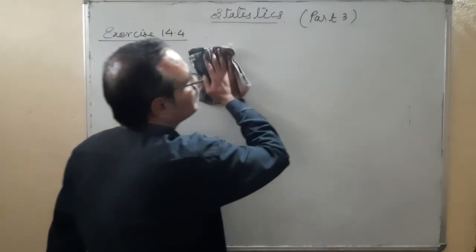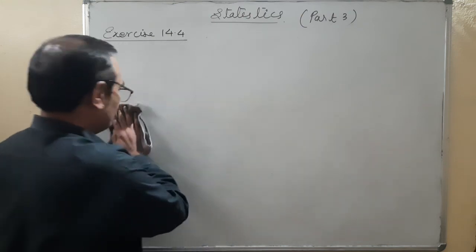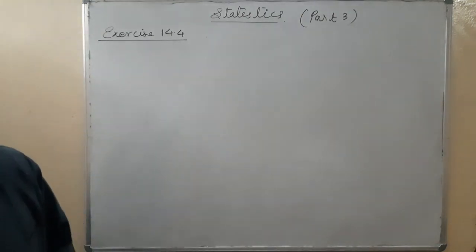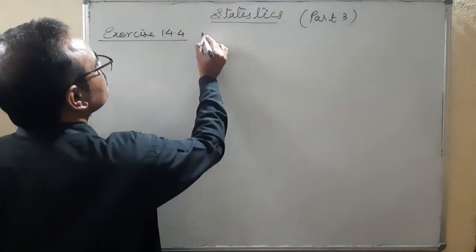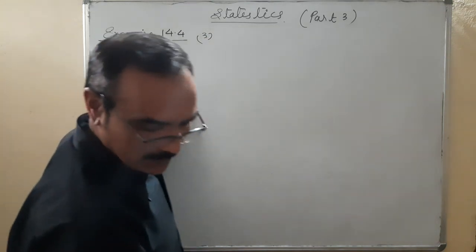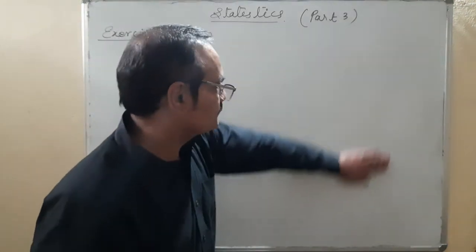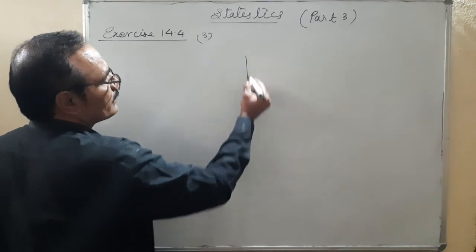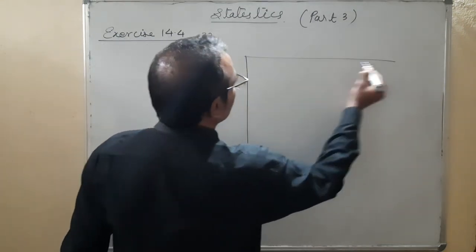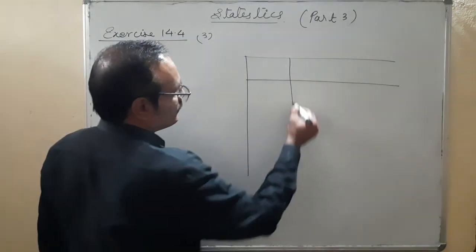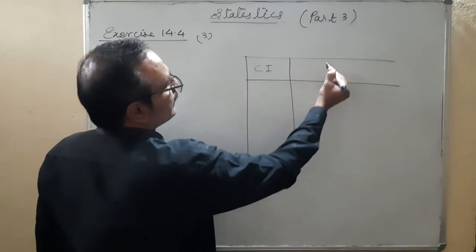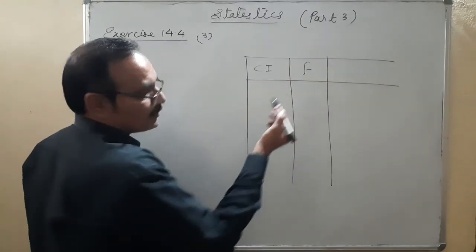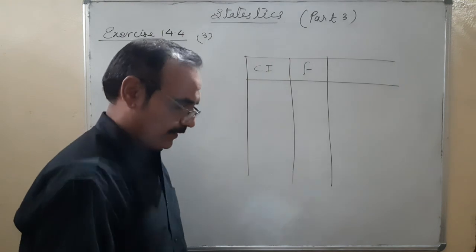Taking question number 3. In question number 3, one column is given, class interval, Ci, and when Ci is given, that means this column is always frequency.